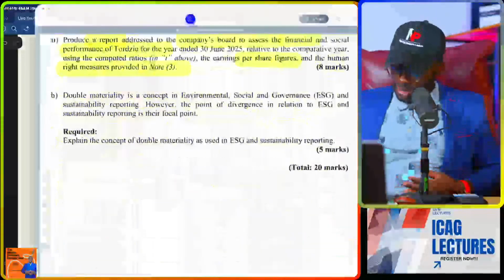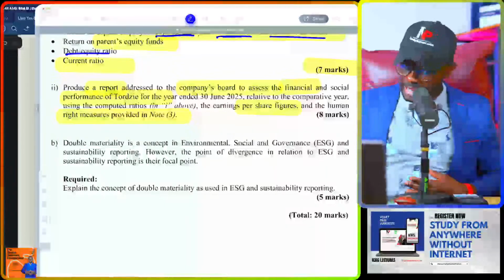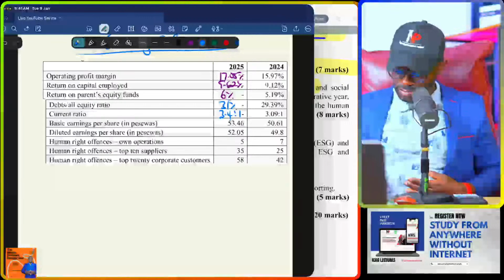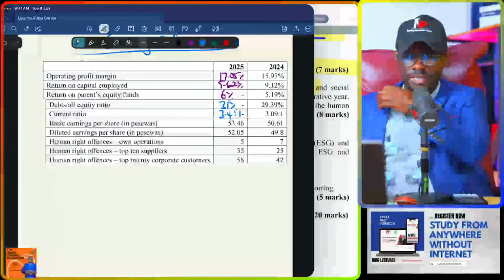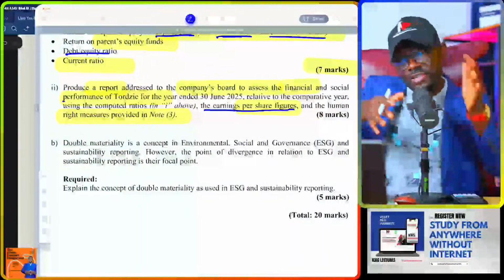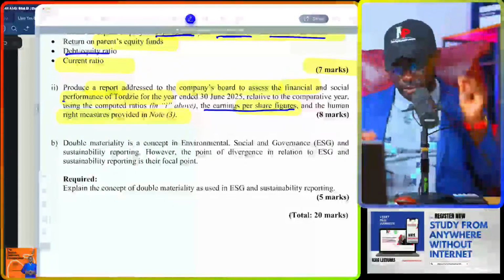So the examiner says use what you calculated in I and then the earnings per share figures, and then the human rights. So you are using this to analyze the financial and social performance of the entity.